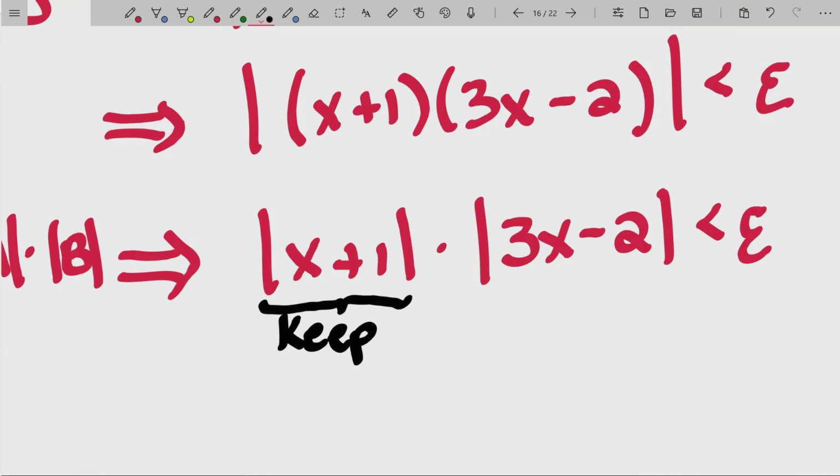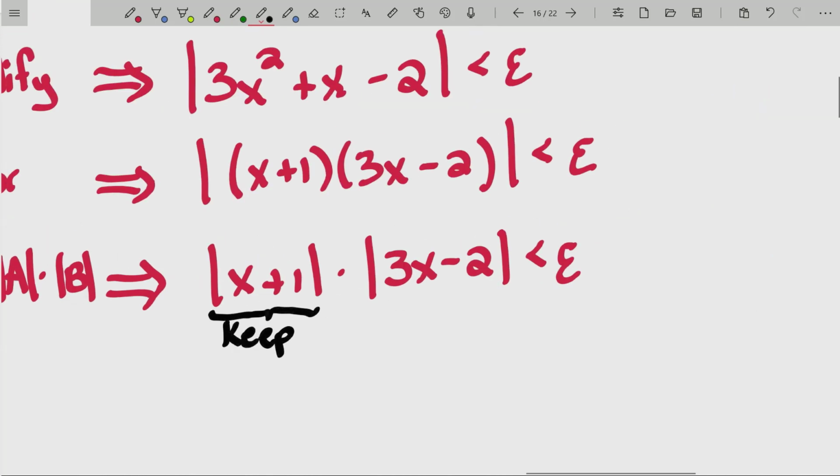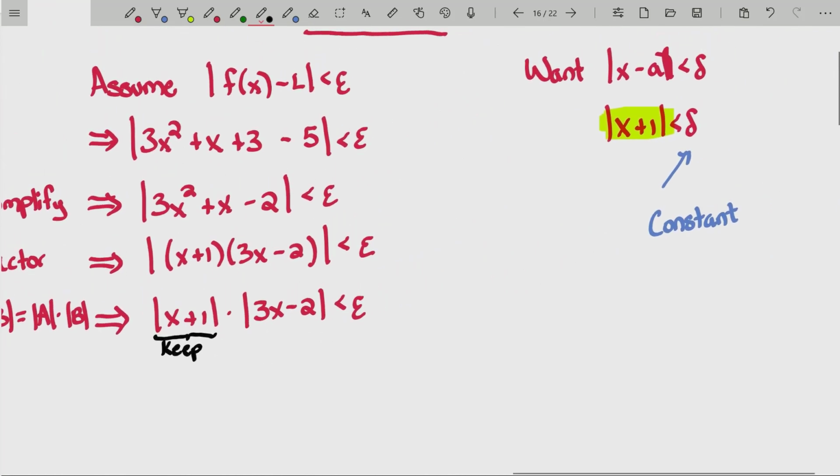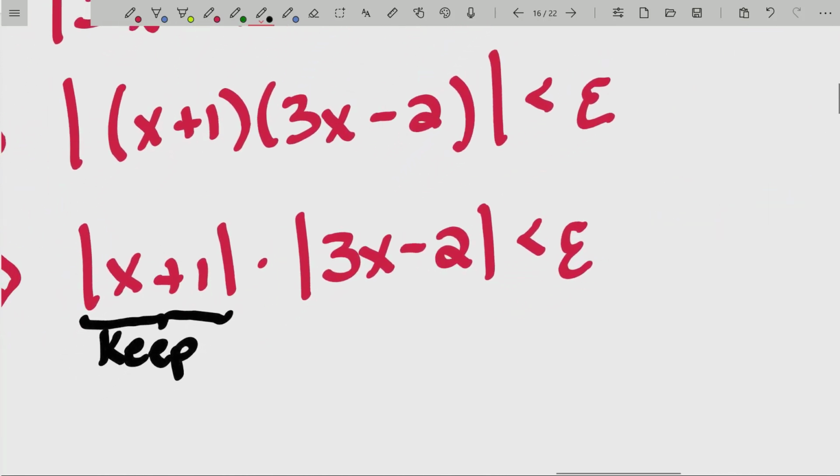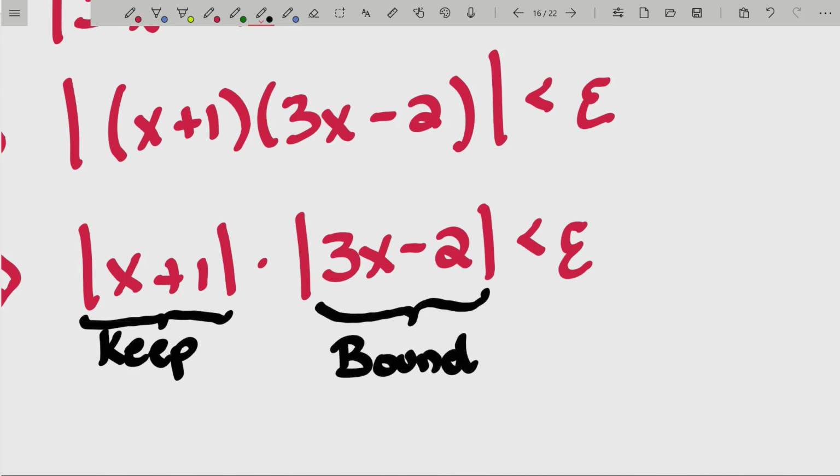I'll bracket it up. I need to keep that because I want the absolute value of x plus 1 to be less than something, as I keep repeating. And I am going to find out what's the worst case scenario that 3x minus 2 could be in absolute values. That is, I want to find a bound for this. Now, if I told you that you have a variable amount of money in your wallet, I guarantee I can create a bound on that.